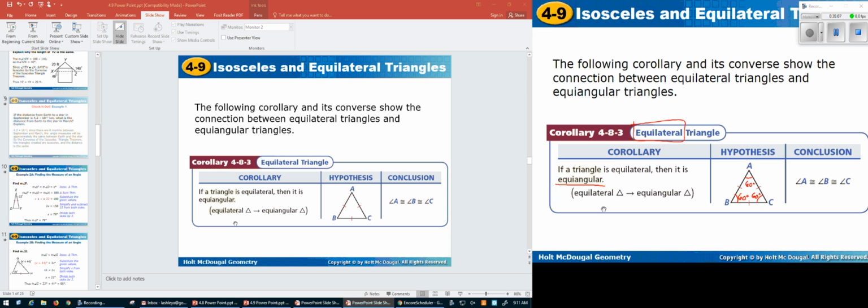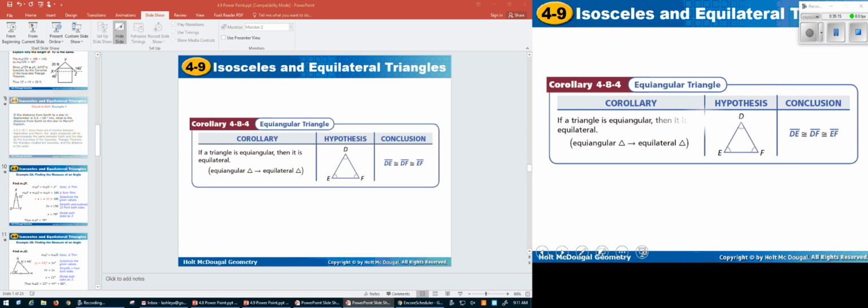Equilateral triangle theorem. If it's equilateral, it's also equiangular. And then the other theorem is just the converse of it. They're just going to switch it. But instead of calling it the converse, they call it the equiangular triangle theorem. Because when you look at the picture, what are they giving you? They're giving you an equiangular triangle, right? So the name tells you what's given, and then it just goes backwards.